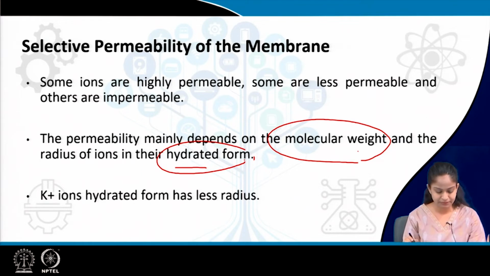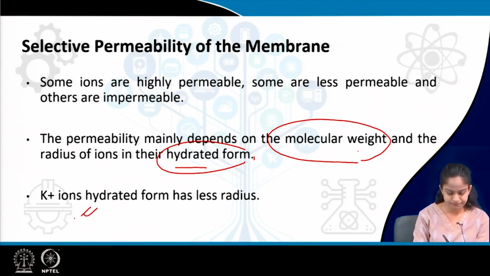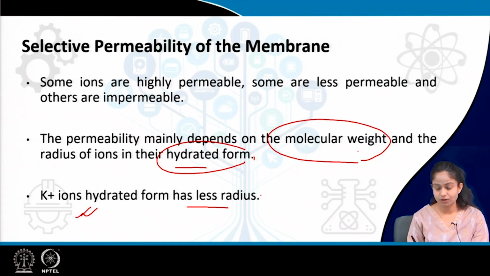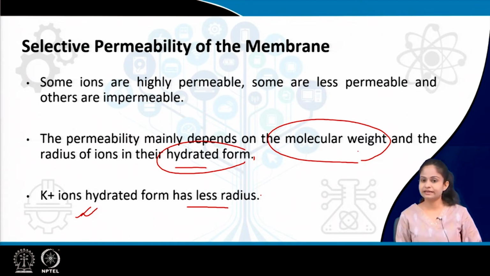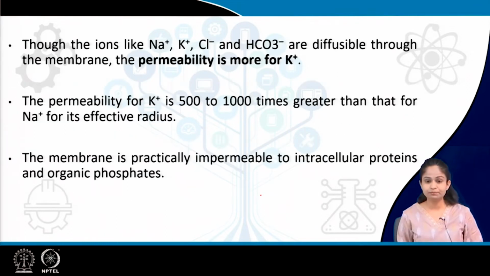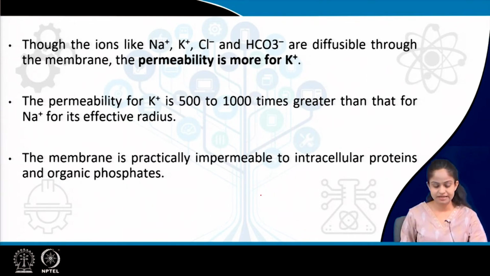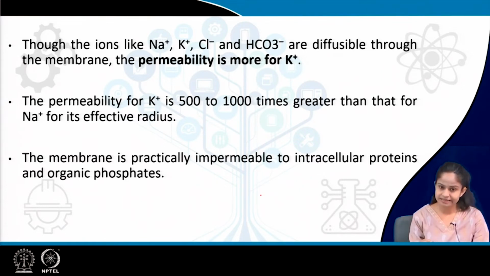For example, potassium ions in hydrated form have a very small effective radius. That is why the potassium permeability is very high compared to other ions. So, if we are asked what the permeability of potassium is with respect to chloride or sodium ions, one should remember that our cell membrane, generally all mammalian cells, is permeable mainly to potassium, chloride and sodium ions.